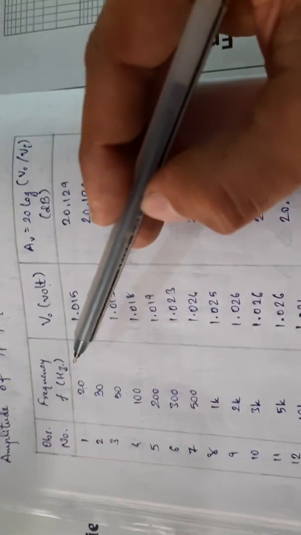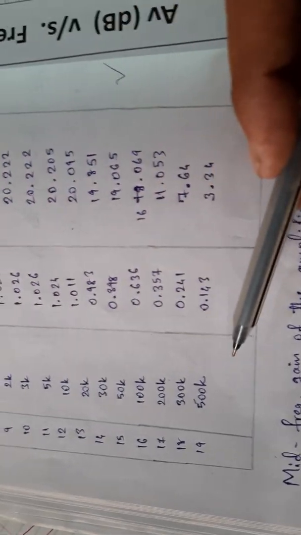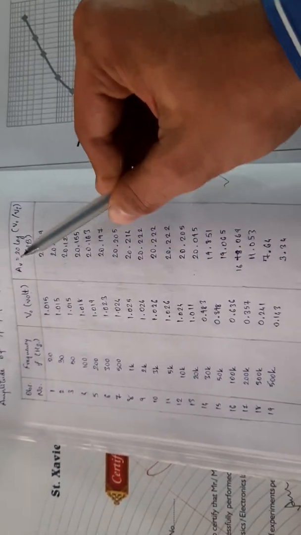Now the same process we have to do for the whole range of frequencies, and we have to find out the gain. We have to measure the output voltage. Once you do this process, you note down the frequency, you vary the frequency and note down the voltages.